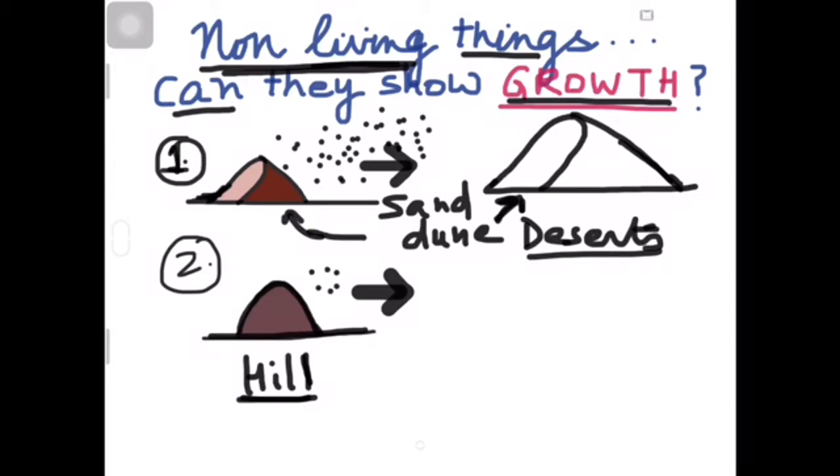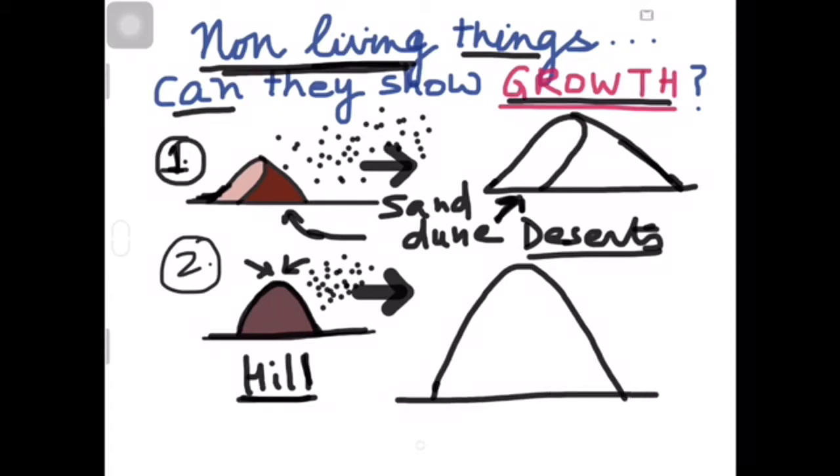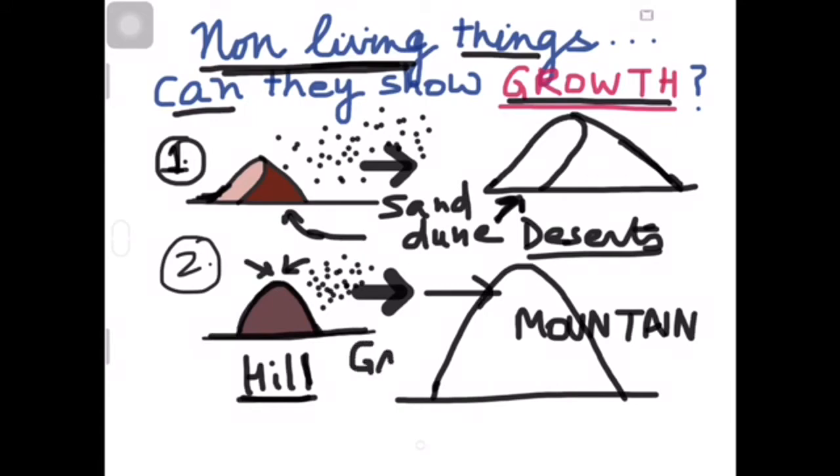Whenever the rock, sand and clay keep gathering over it with time, can it turn into a full-fledged mountain? Yes. It can change into a mountain gradually. That means it is showing growth, even though both are examples of non-living things.